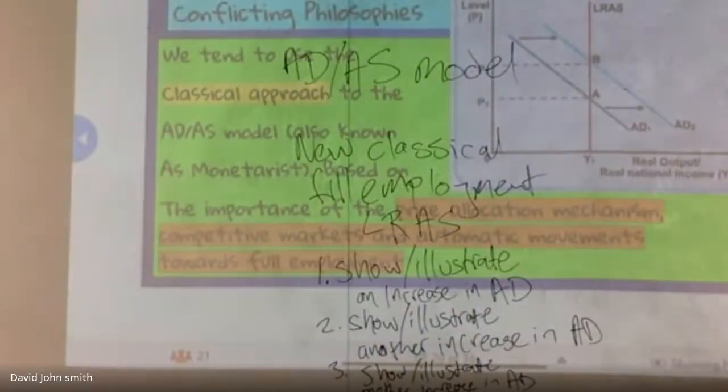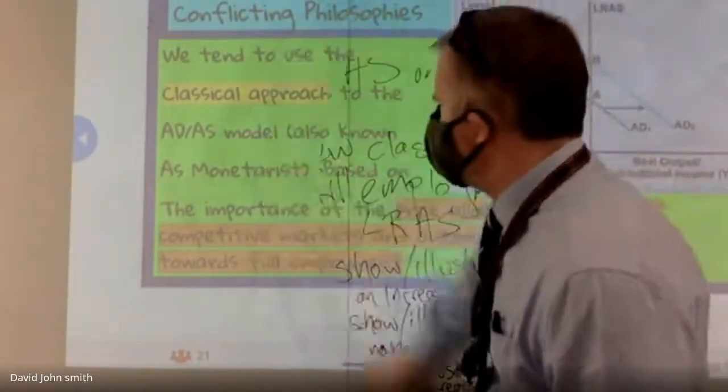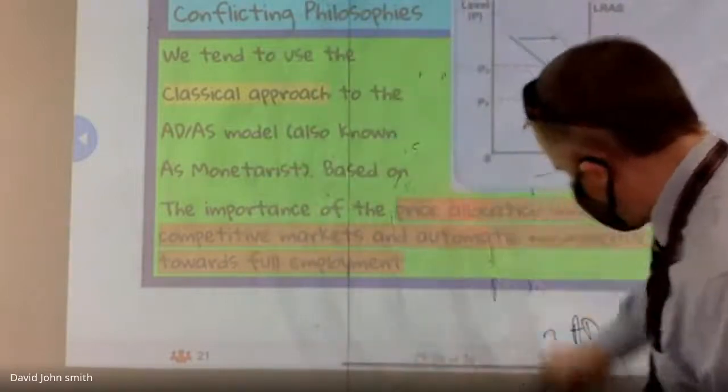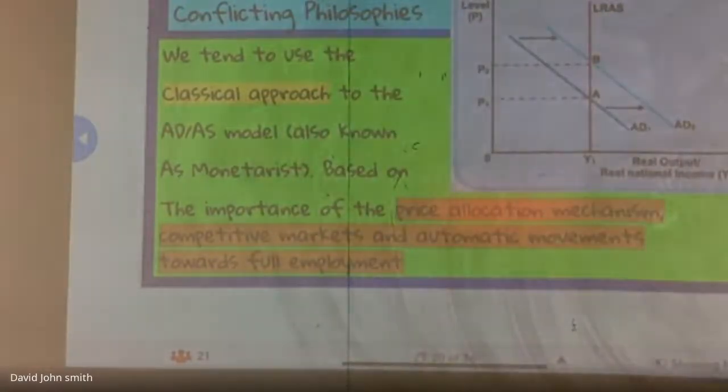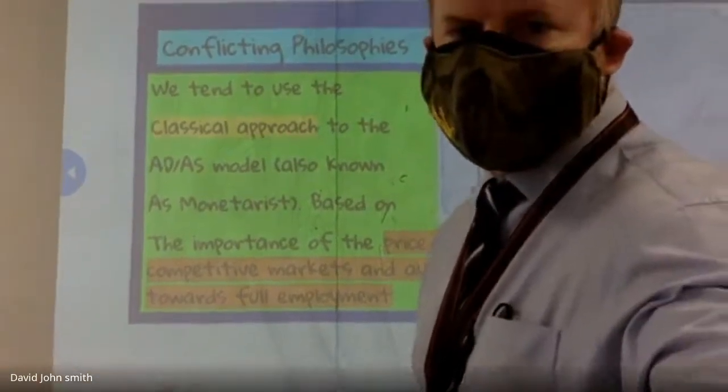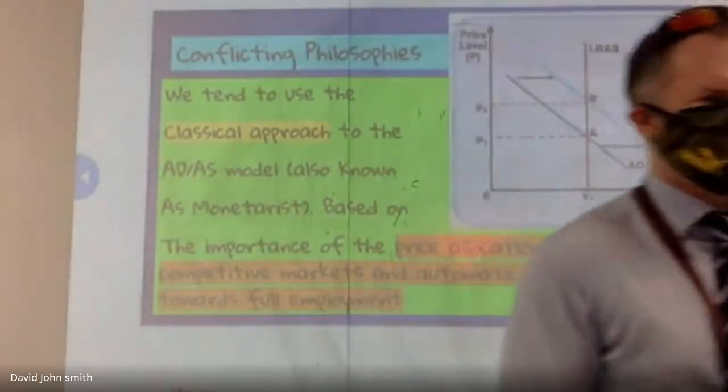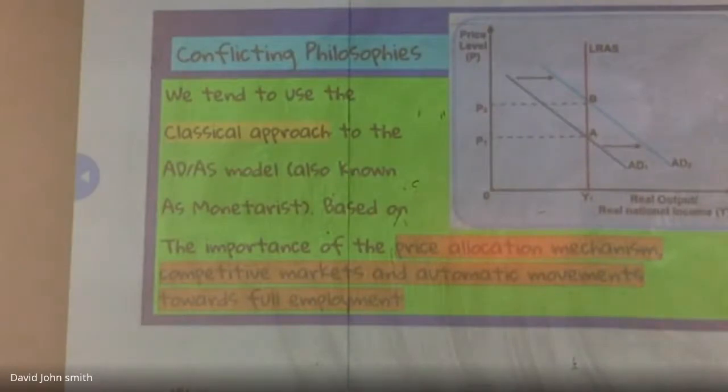All right. Now, let's review the classical model. What does the classical model say is going to happen in the long run? What do you think? There's only so much output you can get, where it reaches the maximum output.